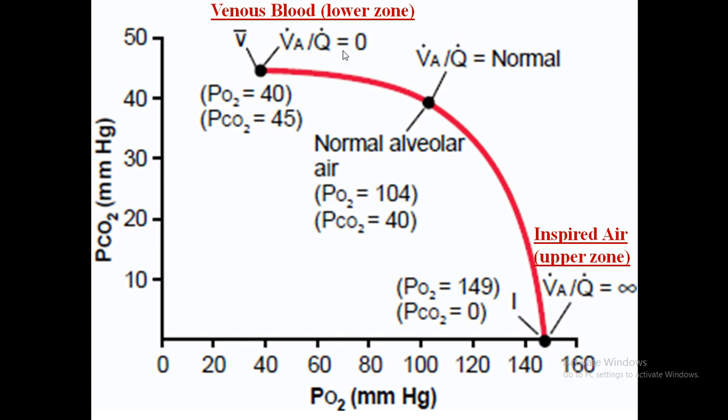While on the other side, when the alveolar oxygen and carbon dioxide partial pressure becomes infinite with the ventilation perfusion ratio, that is this one, how is the composition here?